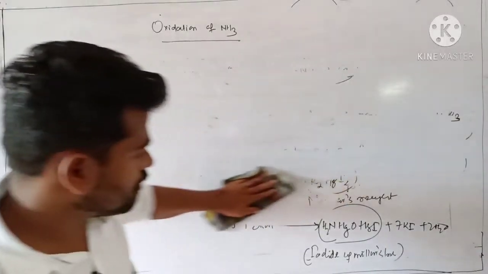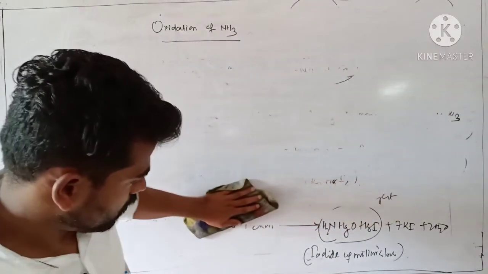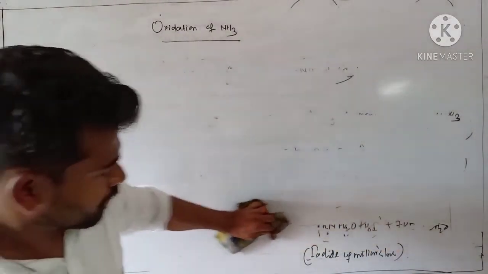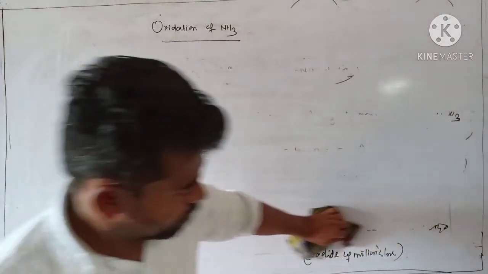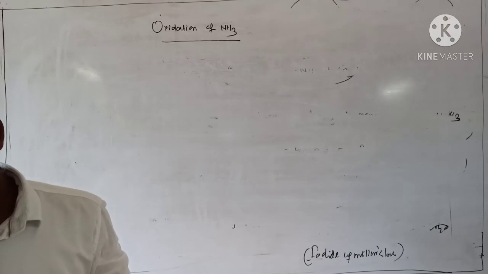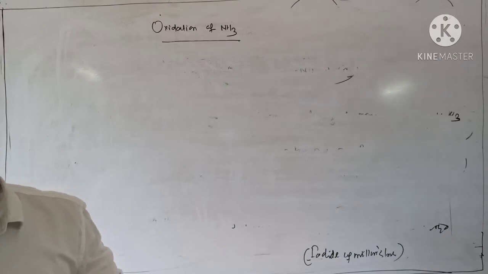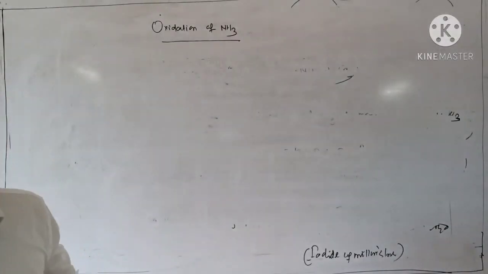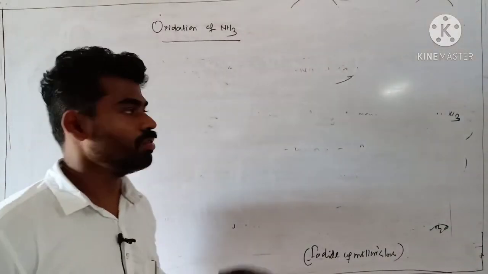Liquid ammonia is used as a very good solvent in the laboratory. Ammonia is used for the formation of ammonium compounds, for making artificial silk, and also as a cleansing agent.